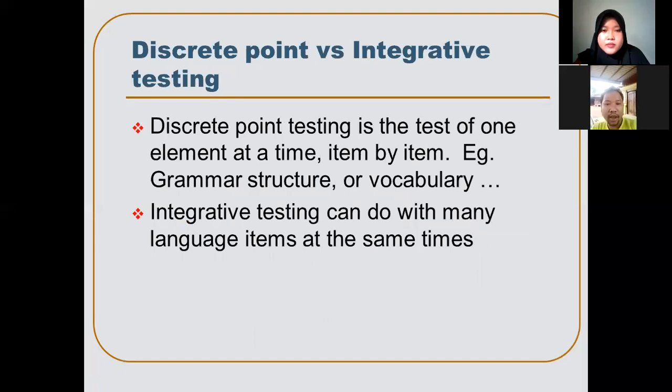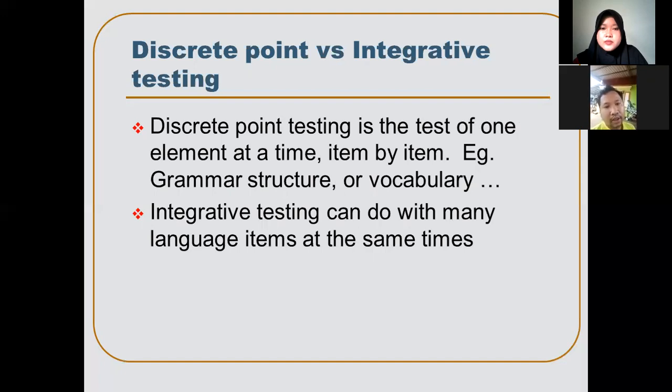Another pair we can see is discrete point testing and integrative testing. Discrete point testing is a kind of test where we only test one element, or one item, at a time. For example, if we want to know their ability regarding grammar, we just test grammar at a time. And if we want to know their ability in vocabulary, we test only vocabulary at a time, for one hour, or for one process of testing.